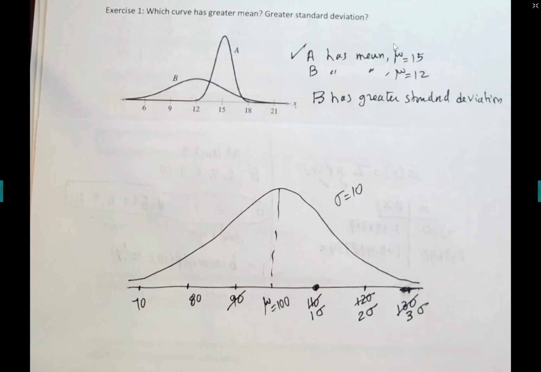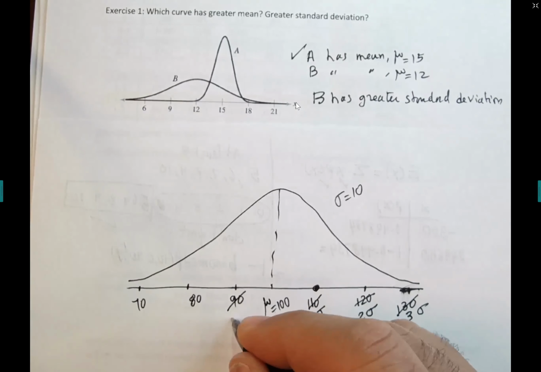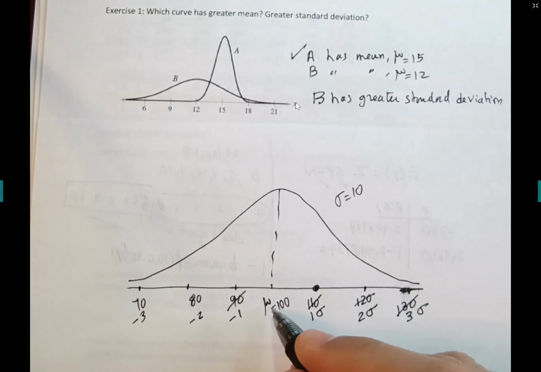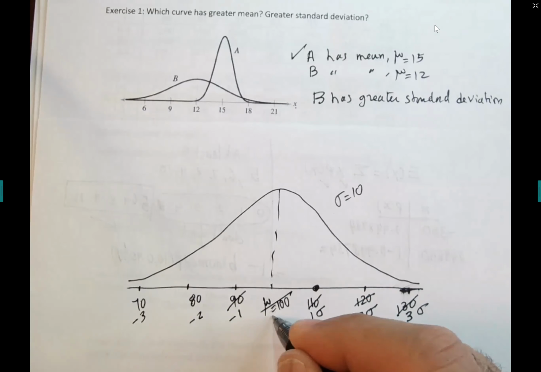So how would you express 1 in this case? -1, yes. -2, and -3. What about 100 itself? How far is 100 apart from itself by means of standard deviations? Let me see what you guys think here. 0, yes, 0 standard deviations.